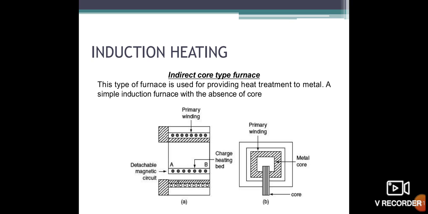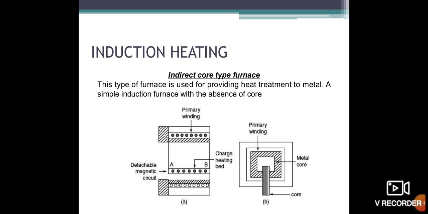The indirect core type furnace works on the principle of the transformer. We know the function of the transformer. The primary winding is wound on the furnace and is connected to the AC supply, and the secondary is the charge itself, so when we give AC supply to the primary side, the secondary side will be heated and the charge will be melted.